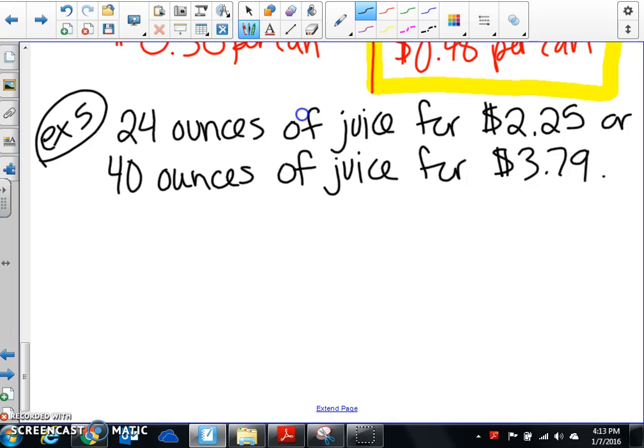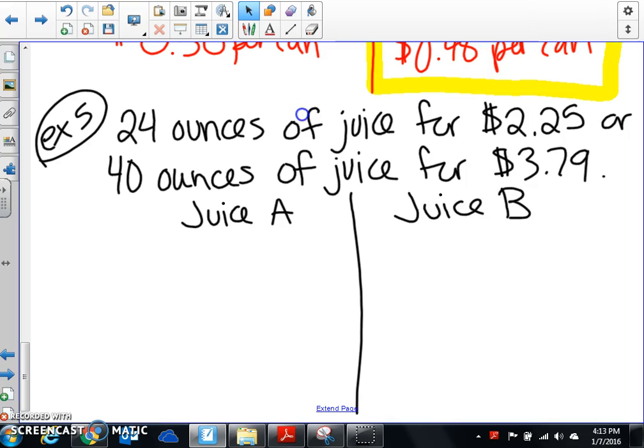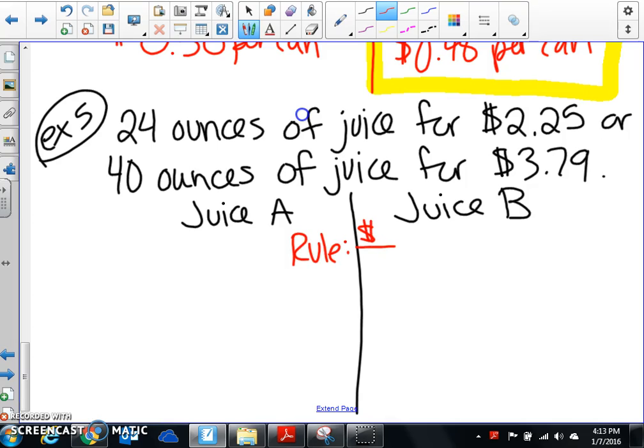Okay, so go ahead and make my line. Here's juice A. Over here is juice B. My rule, money is always on top, so money over ounces this time because it's 24 ounces. So ounces, money. That's how we got our rule.